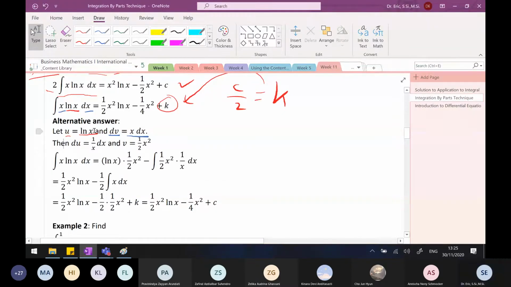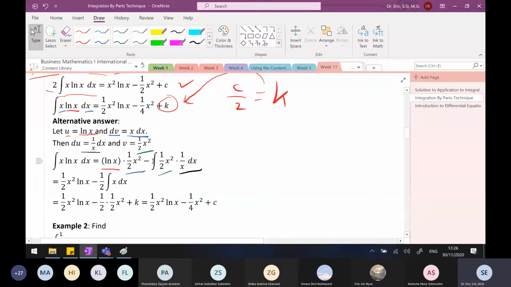u is ln x, v is a half x squared, minus integral v du. Okay, and then I have a half x squared times ln x here. I can tidy it up a bit.